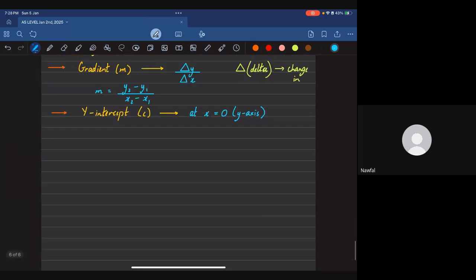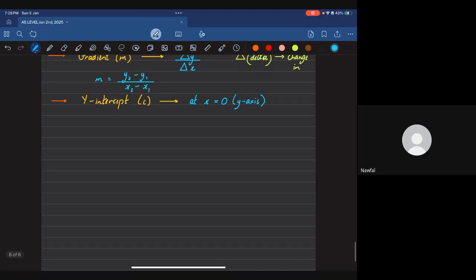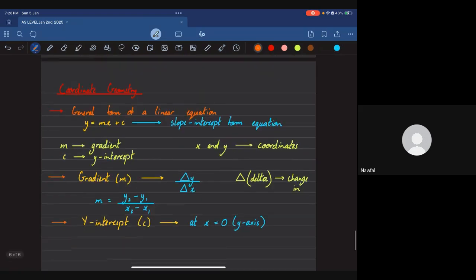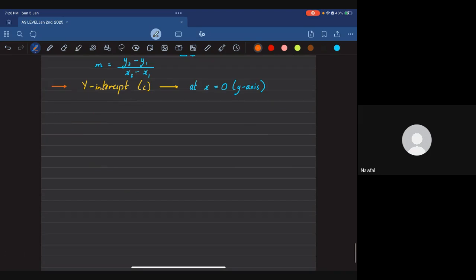Now, how do you use that to form an equation? Next up, what you have is another form of the general linear equation, which is the slope point form equation.